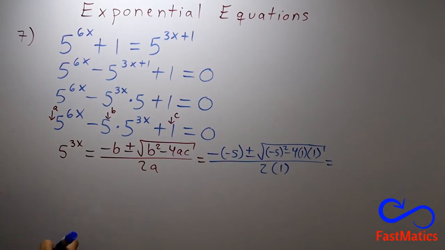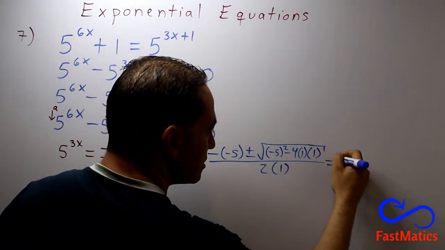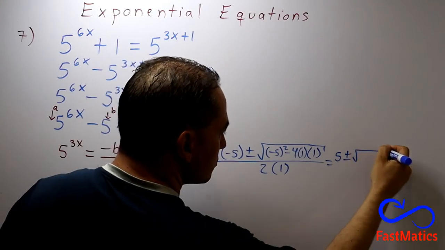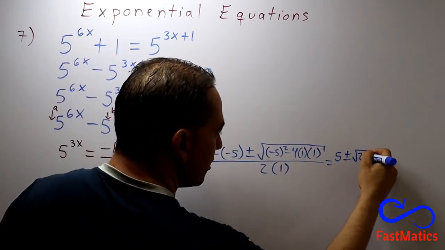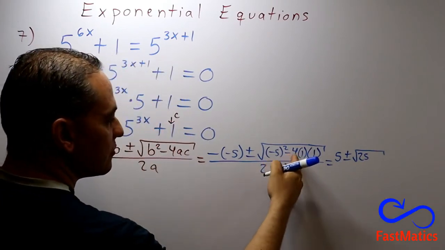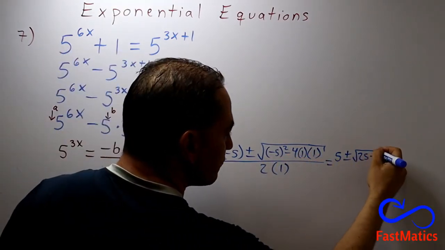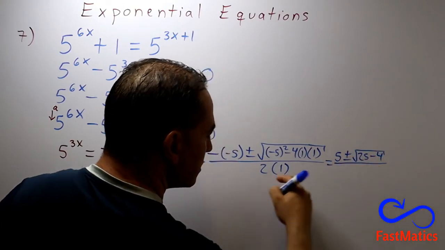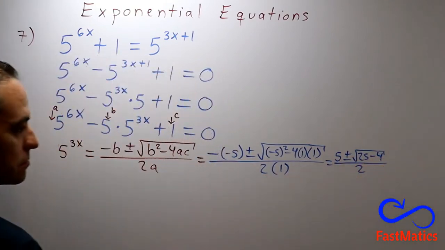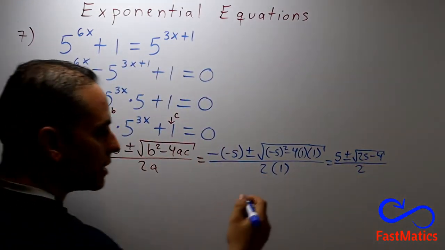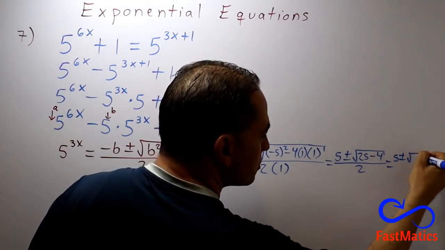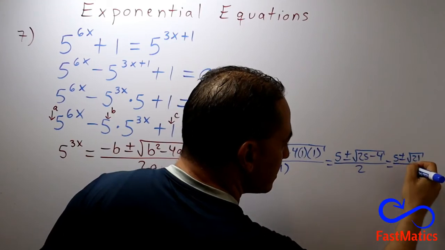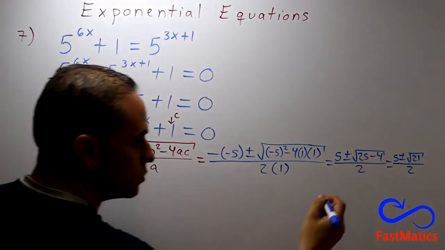Now we solve it. Negative times negative, positive, positive negative, the square root of -5 squared is 25. And after that, -4 times 1 is -4, divided by 2 times 1 is 2. And now we have 5 positive negative, the square root of 21, and that divided by 2.